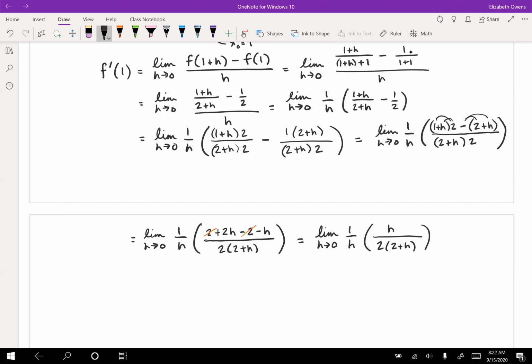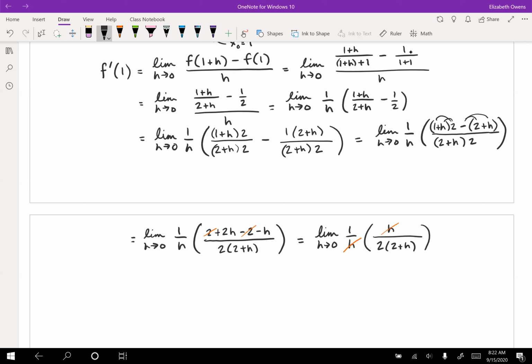Okay, and this is another reason why I like doing this little swap here, making it all from a fraction over h and then just multiplying by 1 over h, because now we can see the cancellation really quickly. This h is going to cancel that h, so that's really nice.